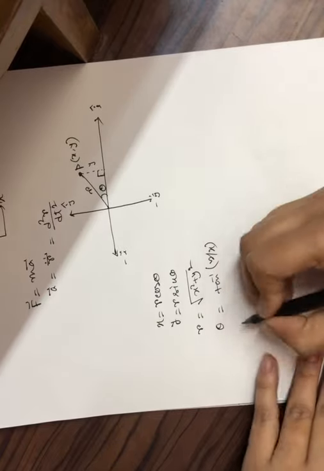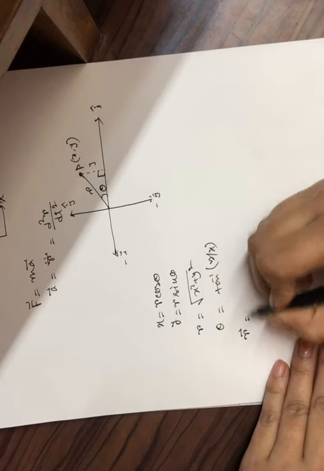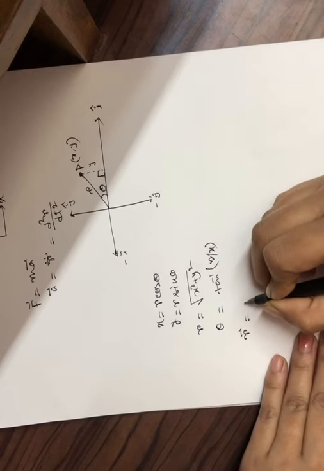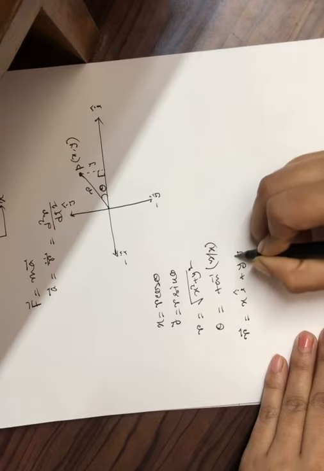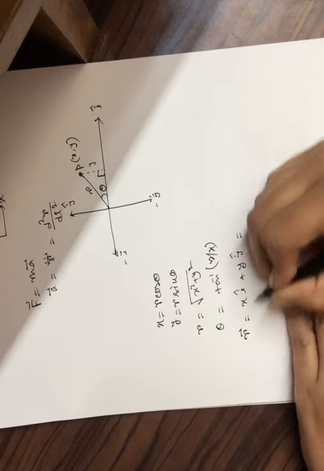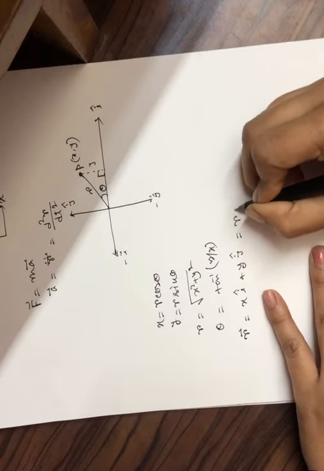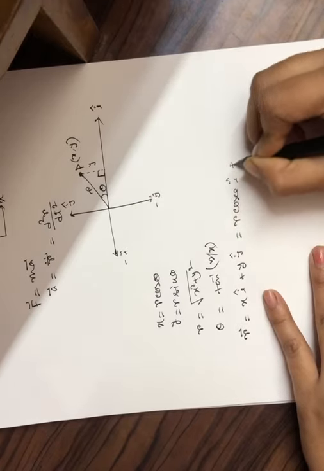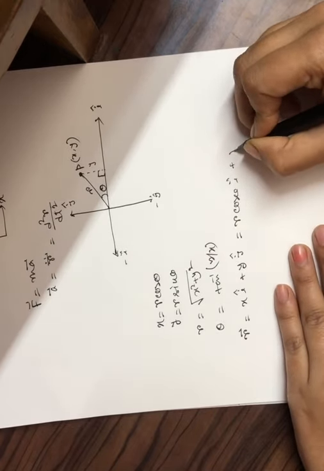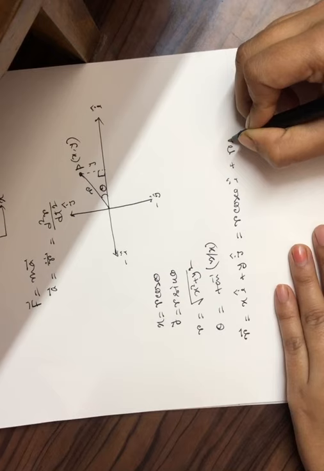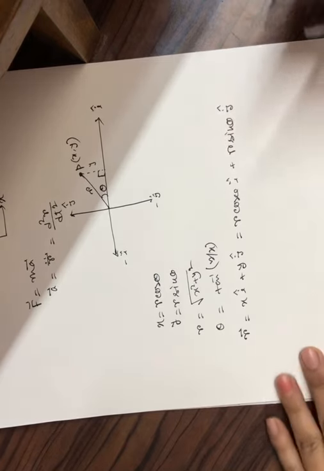Now the r vector we can write from this geometry. The r vector is equal to x i cap plus y j cap. The component along the x-axis is r cos theta i cap, plus along the y-axis the component is r sin theta j cap.